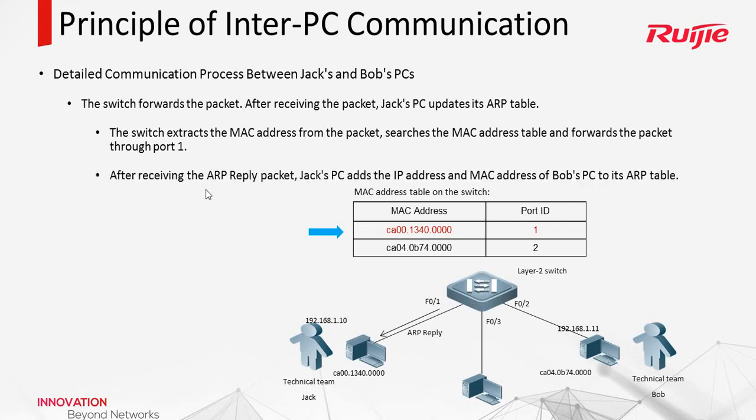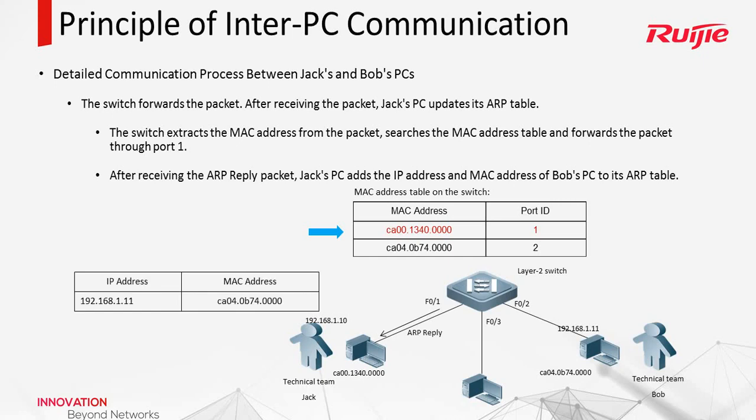So after receiving the ARP reply packet, the whole ARP process is finished, and Jack's and Bob's devices have learned each other's MAC address. Of course, Jack will also record Bob's server's IP and MAC address in the ARP table.